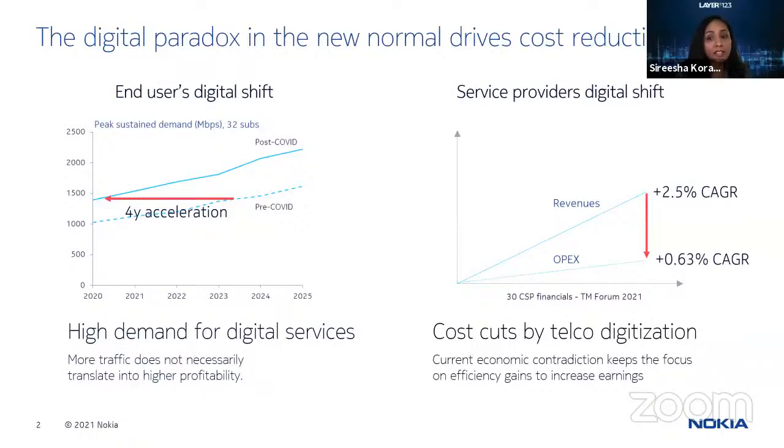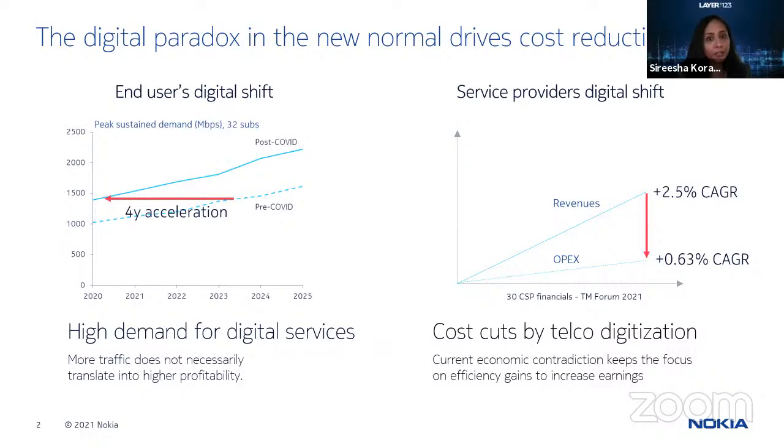But what's interesting is that this high demand did not necessarily translate into high profitability for the CSPs. As you can also see on the right-hand side, based on a report from TM Forum, looking at the annual revenue and operating expenses, CSPs are focused on reducing OpEx rather than CapEx because a large proportion of the CapEx is on the network.